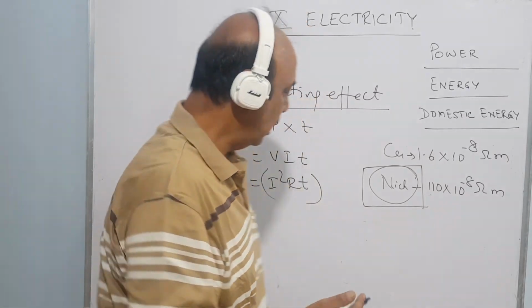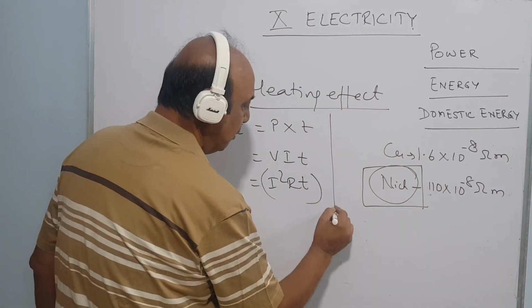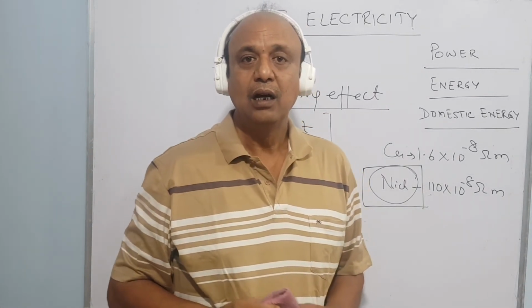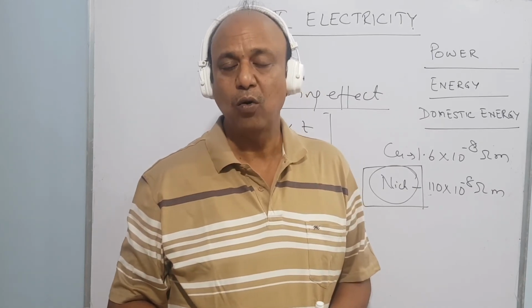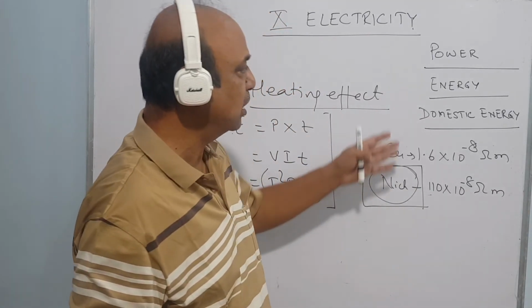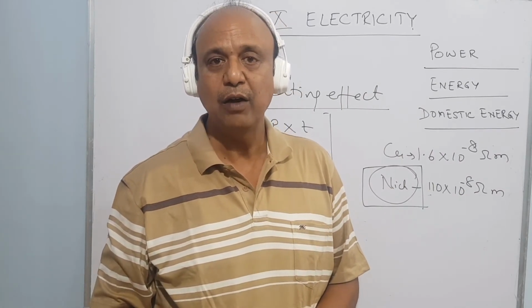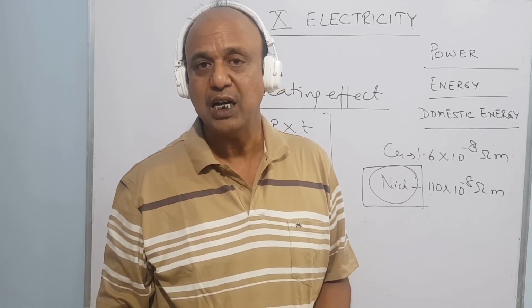Do remember it, and we will be doing numericals from the next class onwards. We will be doing numericals based on Ohm's law, based on domestic consumption, power, energy. Maybe 2 or 3 lectures will be devoted to the numericals before moving on to the next chapter.